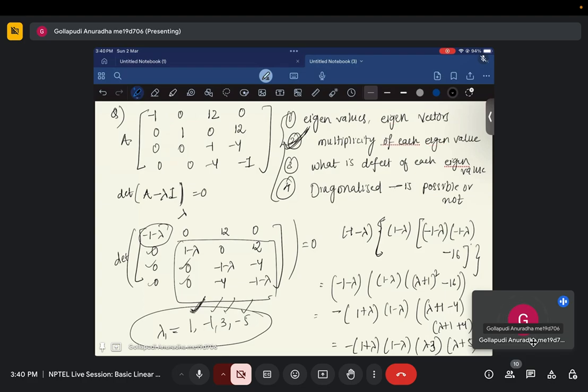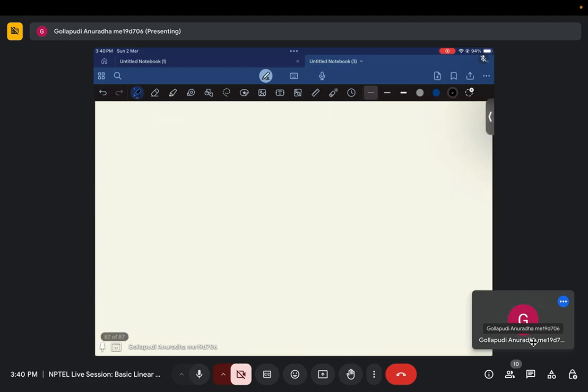And now let's find eigenvectors for this. For the minus 1 eigenvalue, let's find the eigenvector. So how will you find an eigenvector? You solve (A minus lambda I)x equal to 0, and you place each lambda value here, and correspondingly you'll get the eigenvector. So 1 minus 1 minus lambda, 0, 0.